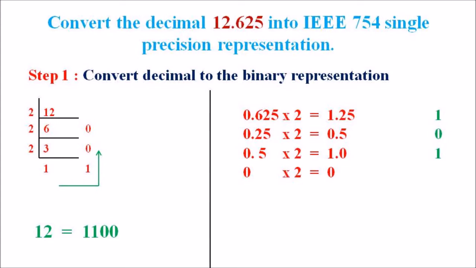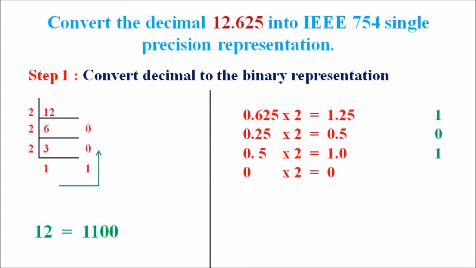So 0.625 times 2 results in 1.25. In this 1.25, take the whole number portion, that is 1, into the result, and the rest, that is 0.25, should be multiplied again by 2. So 0.25 times 2 results in 0.5.